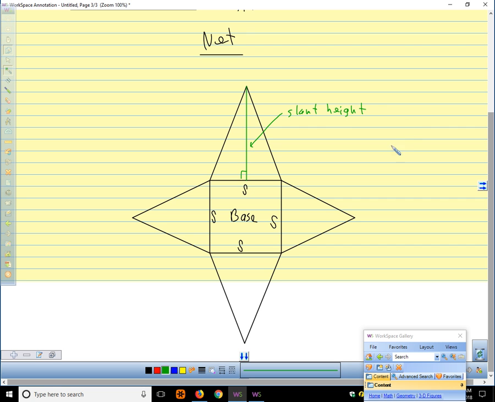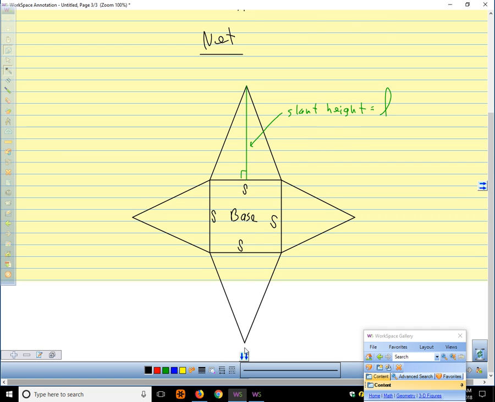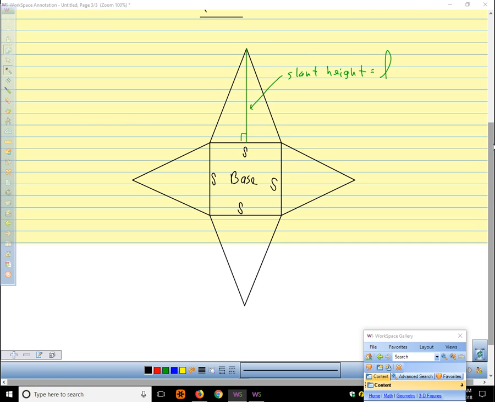And we'll call the slant height L, a script L. So this is how we're going to find the surface area of a pyramid. We cut it open and we get a shape that looks like this. And we're going to add up all the areas of these things.